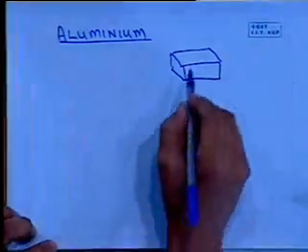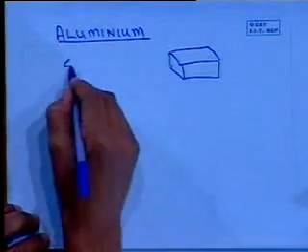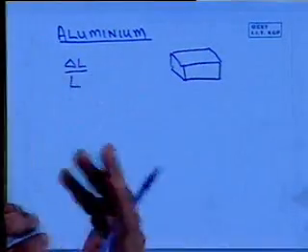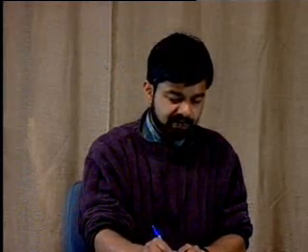I physically measure the change in length at various temperatures. So I get delta L by L, a macroscopic measurement for the block of known length L, as a function of temperature.